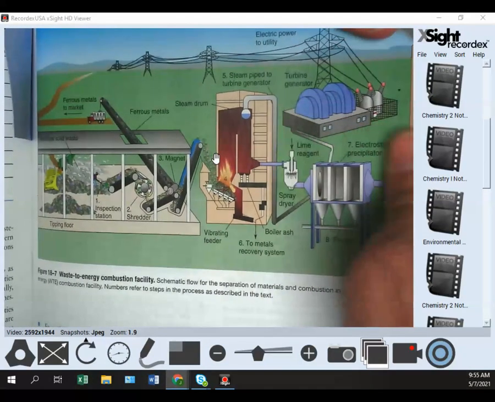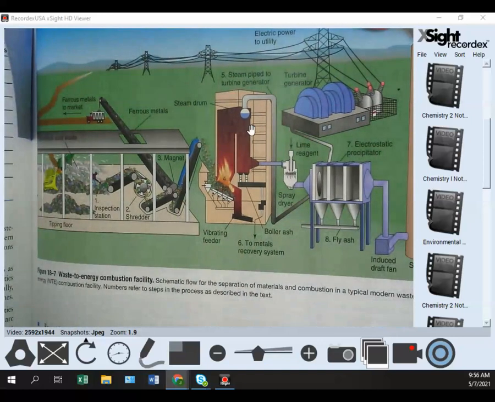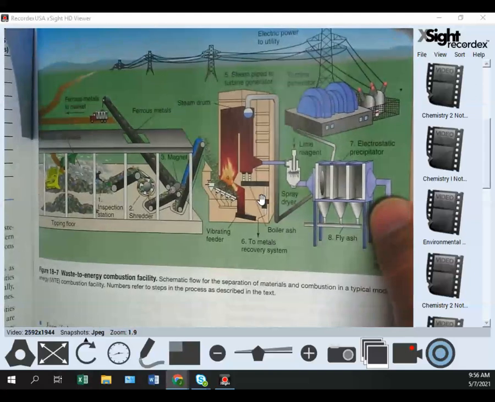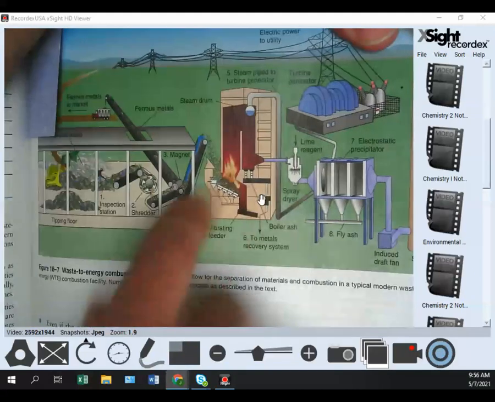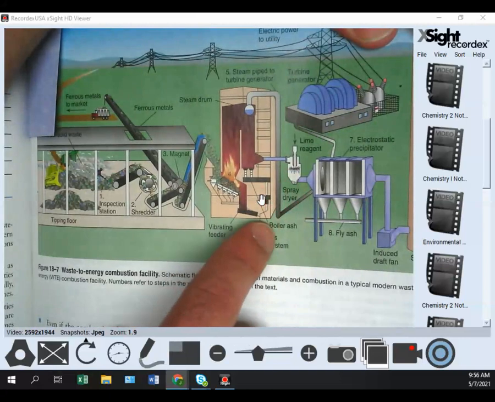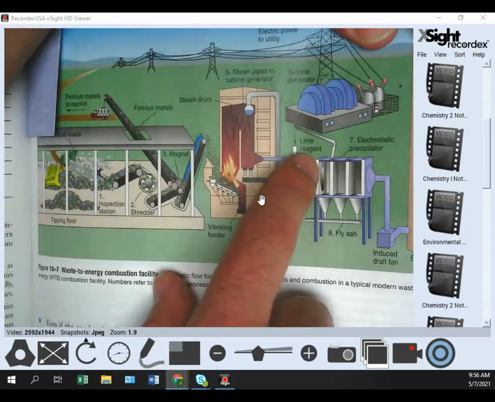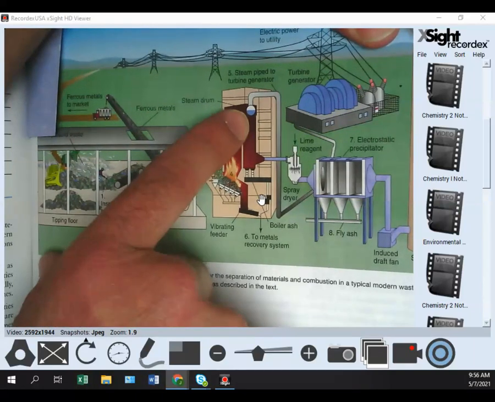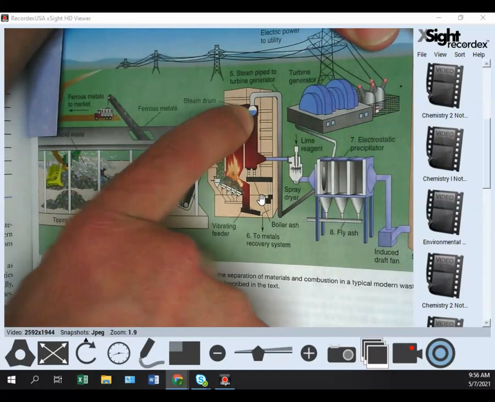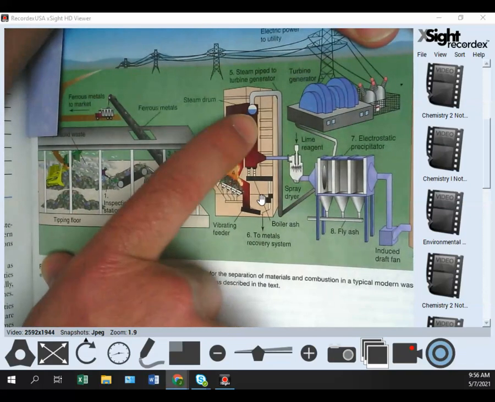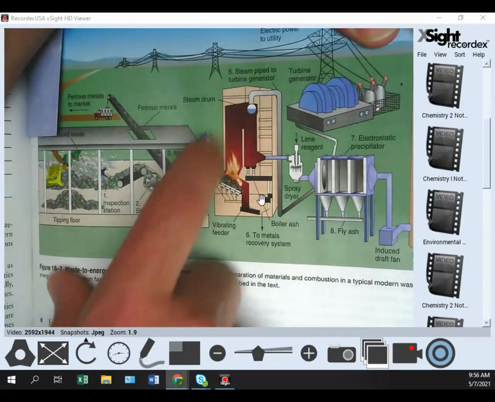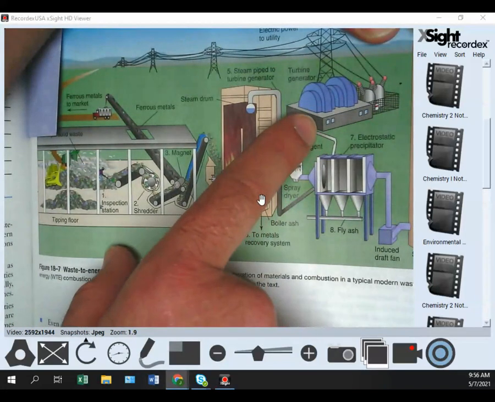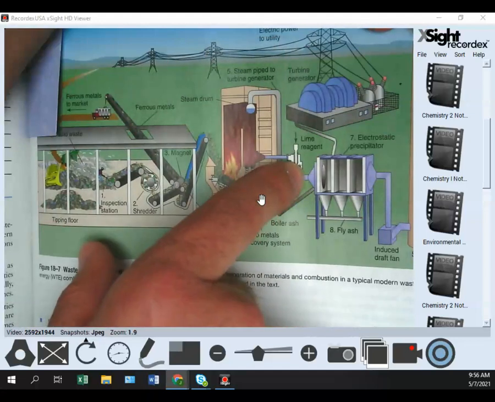Now this one, if I can get it to actually focus in. Yeah. So when they burn the different materials, this one has some kind of fluid that, when it burns, heats that up and turns into steam, and then they use that to run a turbine generator and generate electricity from the combustion.